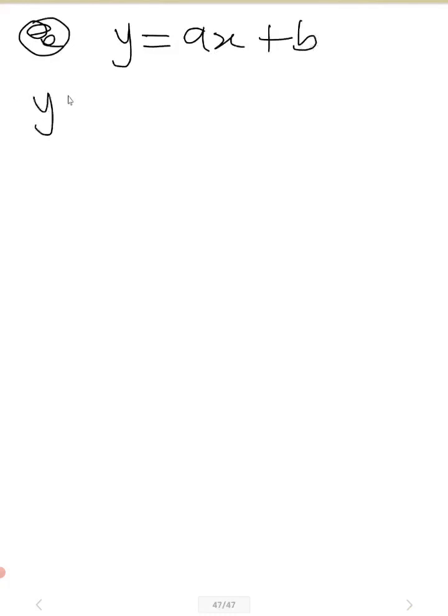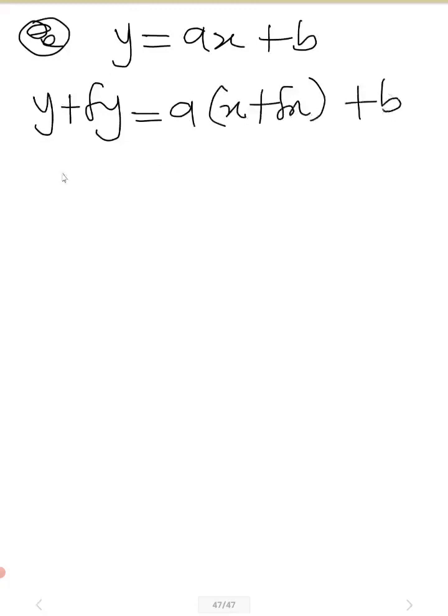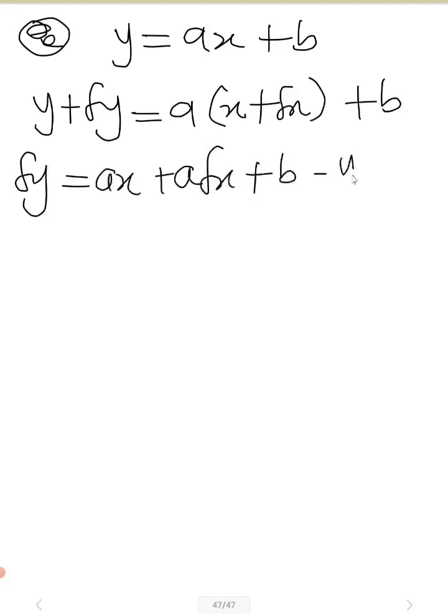He said y plus changing y is equal to a times x plus changing x, plus b. So therefore, changing y is equal to ax plus a dx plus b minus y.